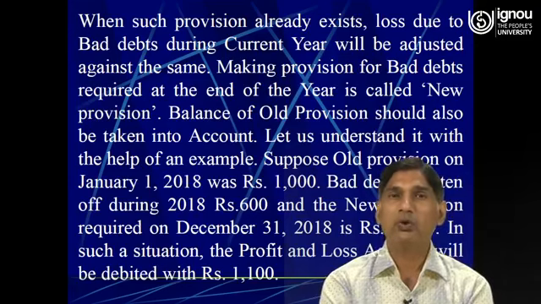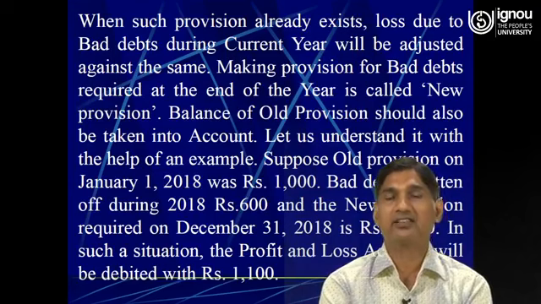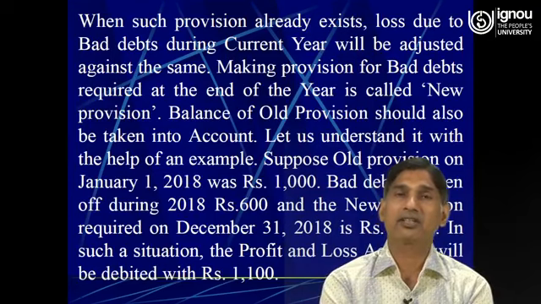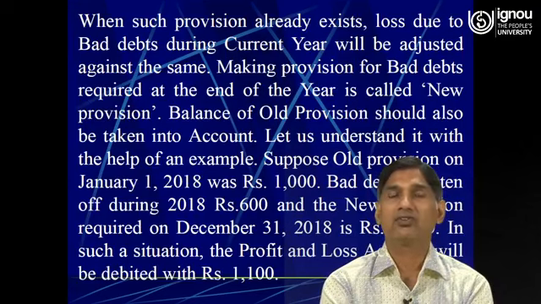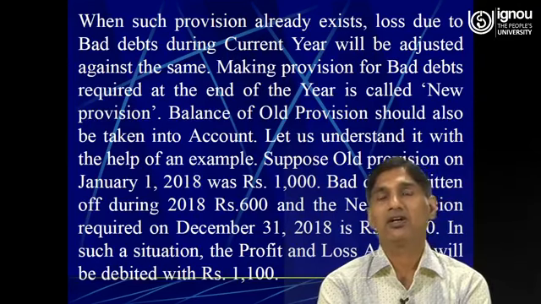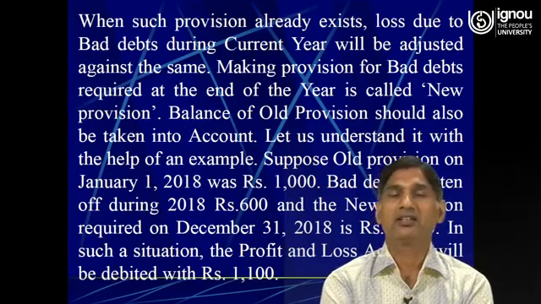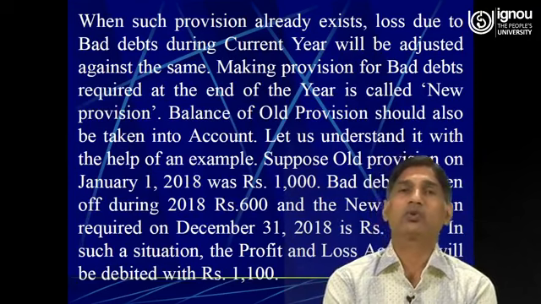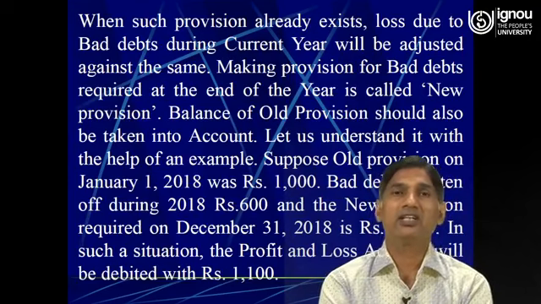Plus new provision, which we have to make on fresh debtors. It means after subtracting the amount of further bad debts from the amount of debtors given in the trial balance, we need to make a provision on the debtors. Minus old provision, which is given in the trial balance.